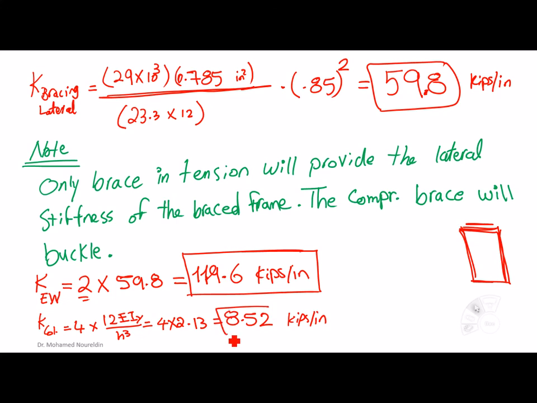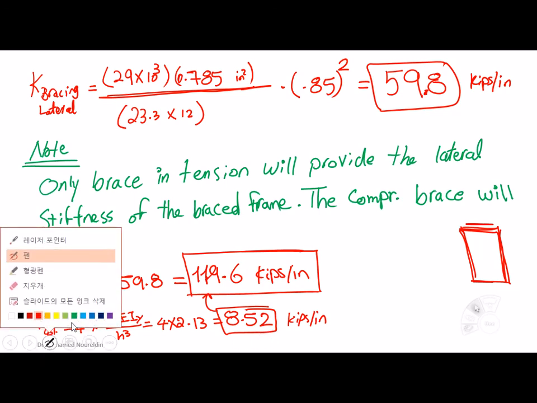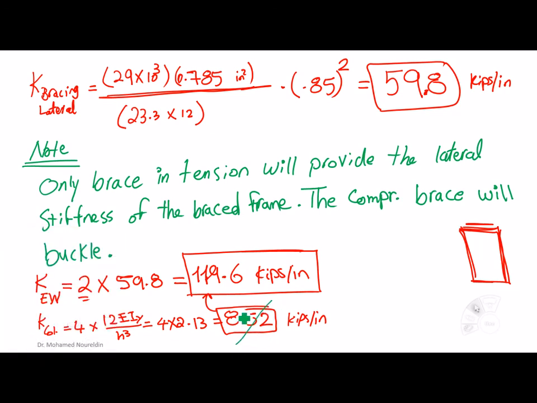Can you compare this 8.52 with almost 120 kips per inch? So this means that we can confidently neglect this. But if you want to be very accurate, you can use it also. Maybe it will contribute a little bit, but again, it is very small, and we are going to be conservative and not use this stiffness coming from the columns.